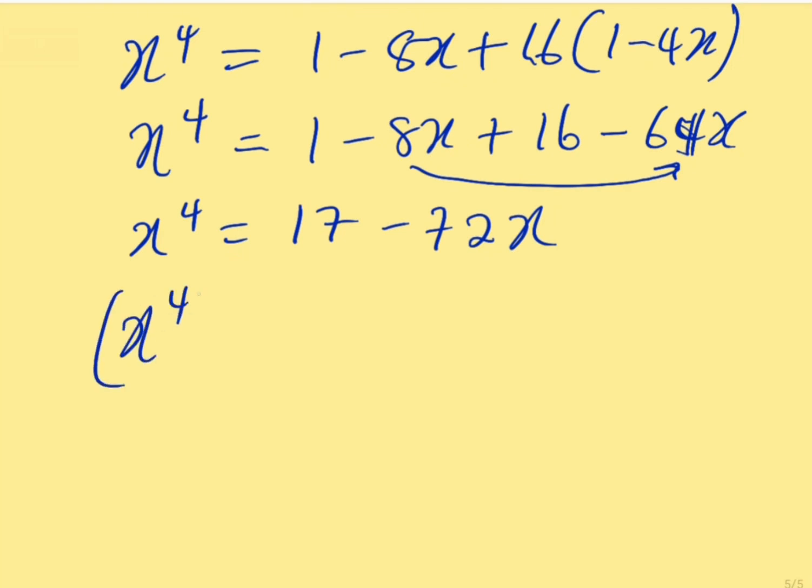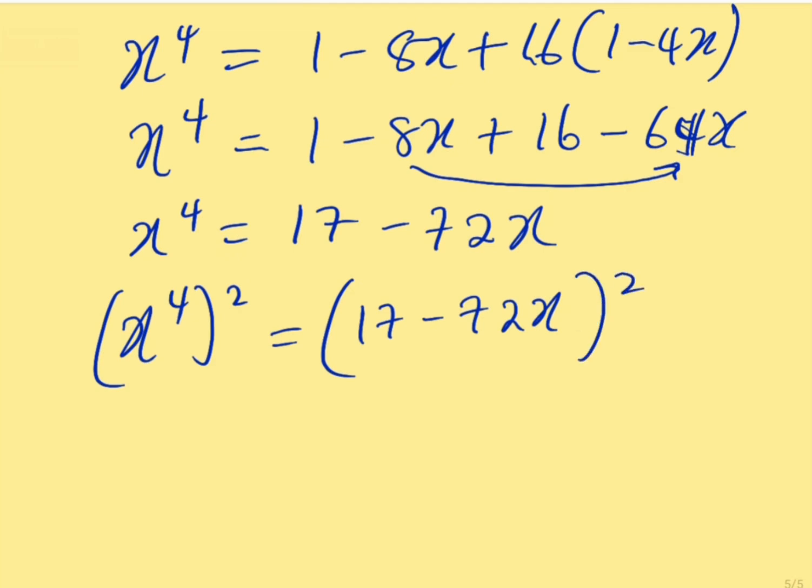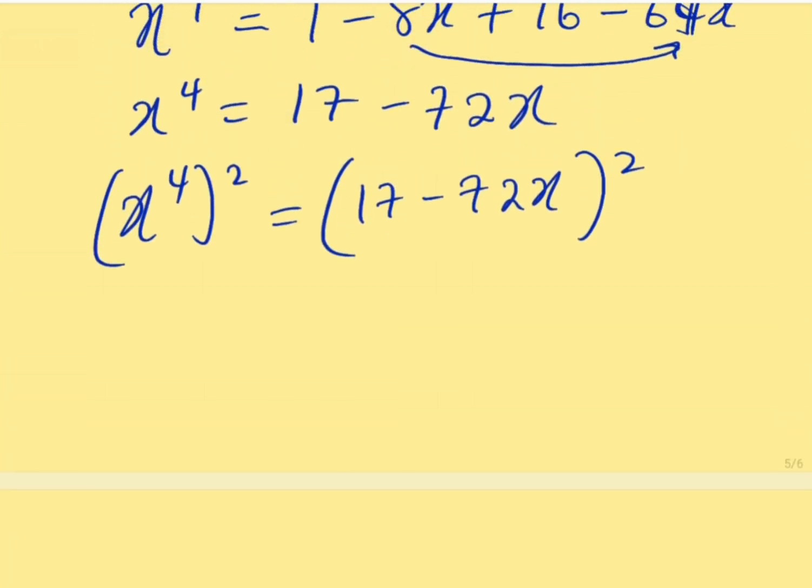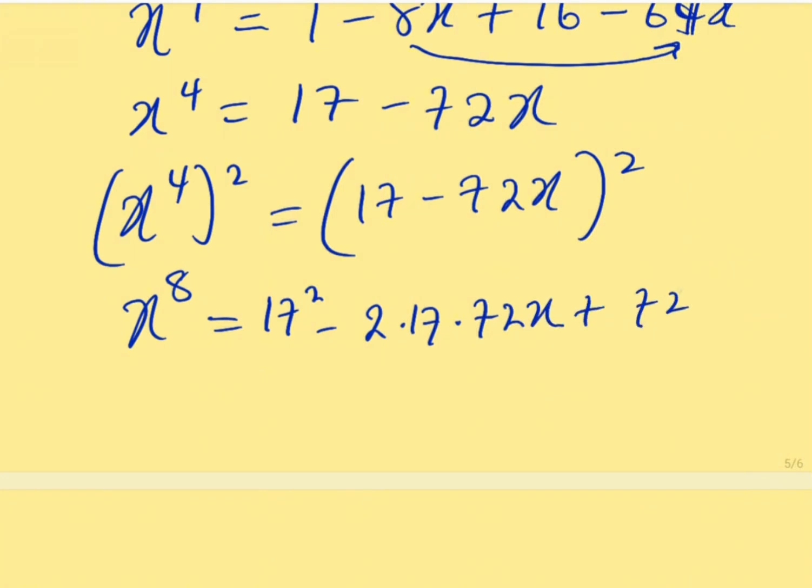So x to the power of 4 all to the power of 2 is equal to 17 minus 72x all squared. So that from here we can then have 4 times 2 will give us x to the power of 8, which we are looking for. We've arrived at that, equal to, if we expand this bracket here, that would be 17 squared minus 2 times 17 times 72x plus 72x all to the power of 2.